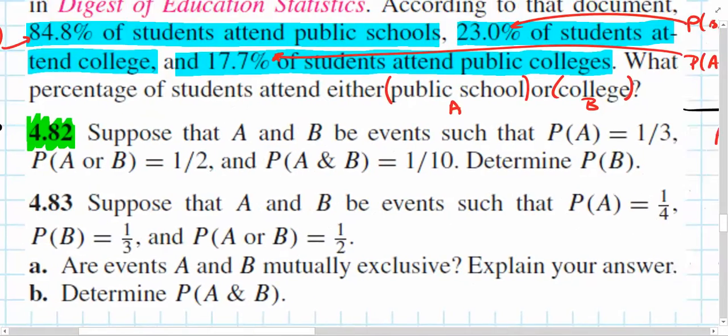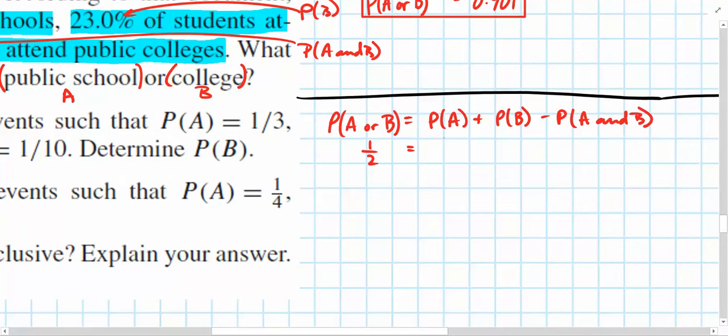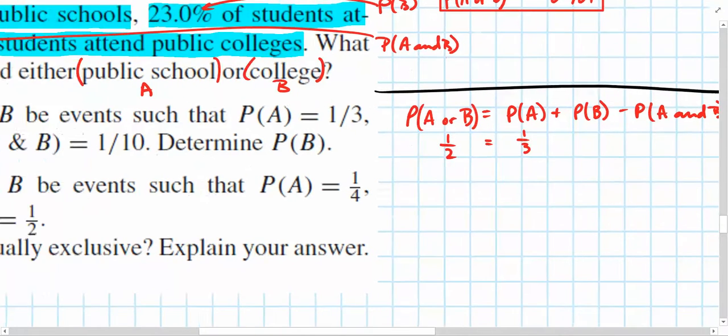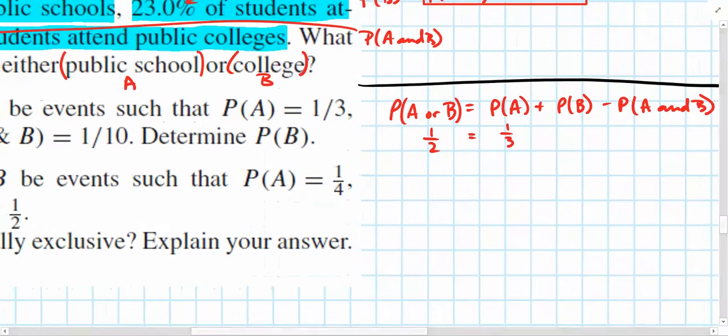So the probability of A or B is 1/2. The probability of A is 1/3, and the probability of A and B is 1/10. Our job is to find out what the probability of B by itself is.